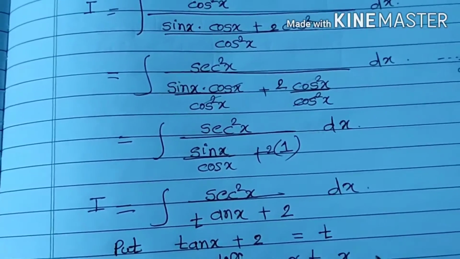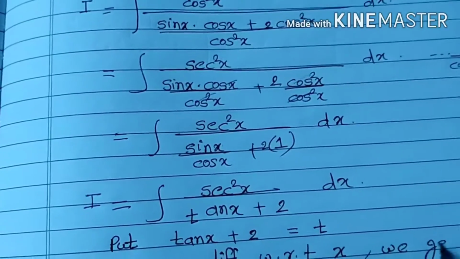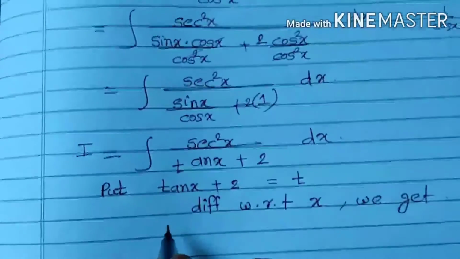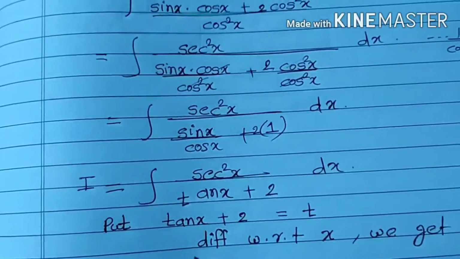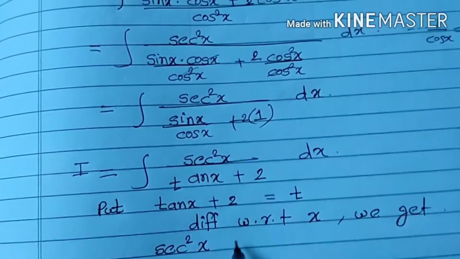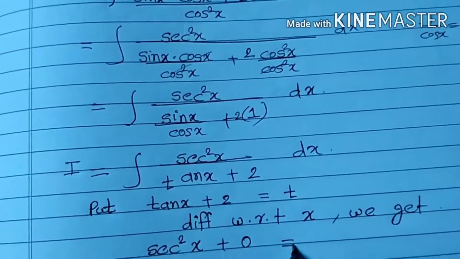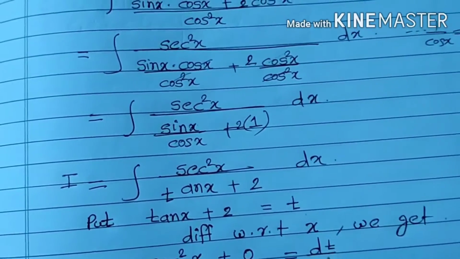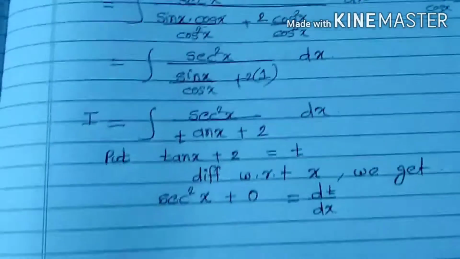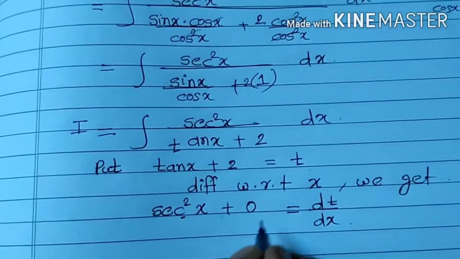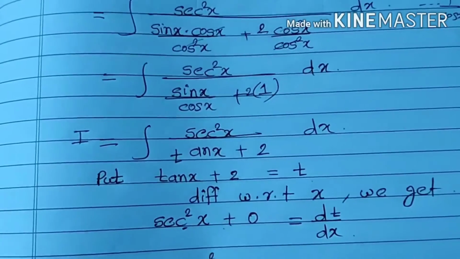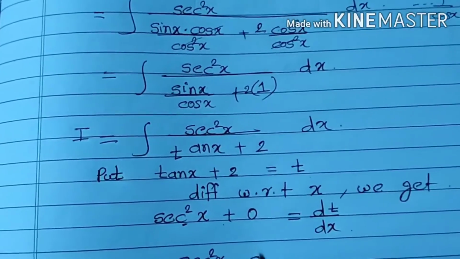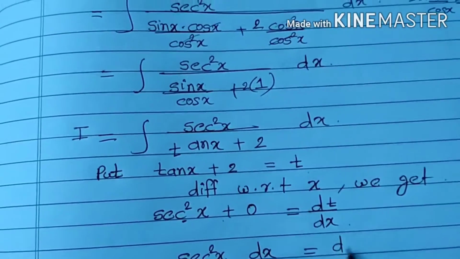We know that differentiation of tan x is sec square x and differentiation of 2 is 0, which equals differentiation of t with respect to x, that is dt upon dx. So it will become sec square x into dx is equal to dt.